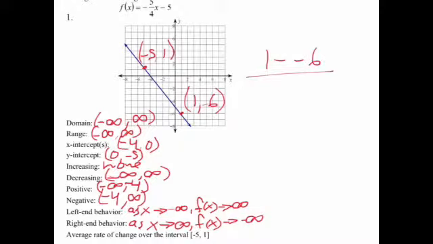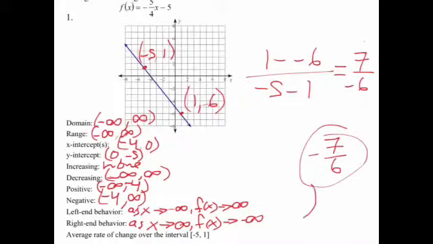And then for the run, you subtract the x's, so negative 5 minus 1. Make sure you do that in that order, and then you'll get your answer. You'll get 7 on top, and at the bottom you'll get negative 6. So we're looking at negative 7/6 for our average rate of change.